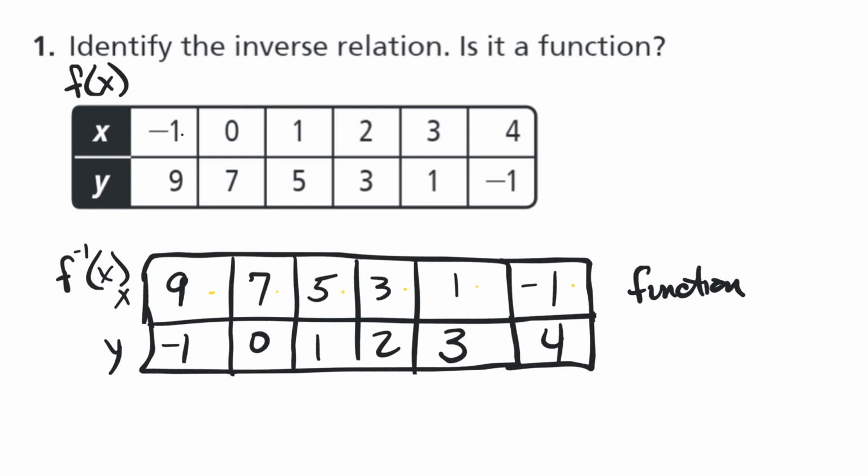And what we're going to learn is that when we have a function that is one-to-one, which this one is, we do not have a repeat of the x's or a repeat of the y values. That's when you have a one-to-one function.